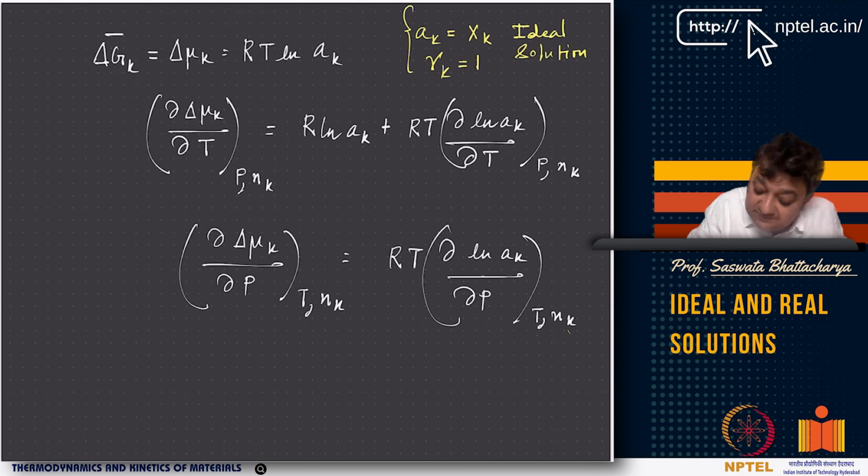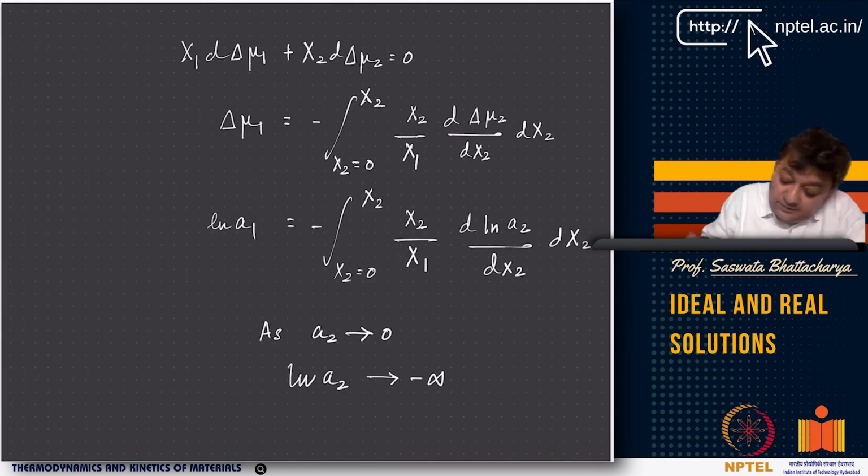So these are additional terms that you are seeing. In the ideal solution, these become equal to 0, and it becomes R ln xk, because a equals x. But now it is R ln ak plus RT times this term. So this term becomes very important, and this term also becomes important.